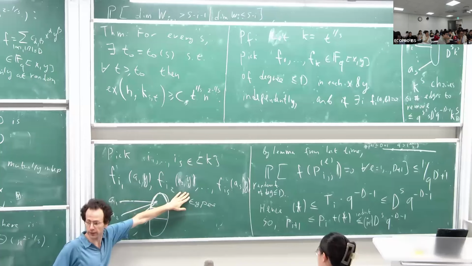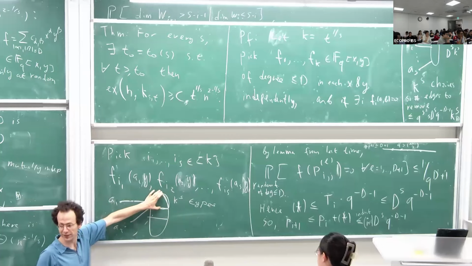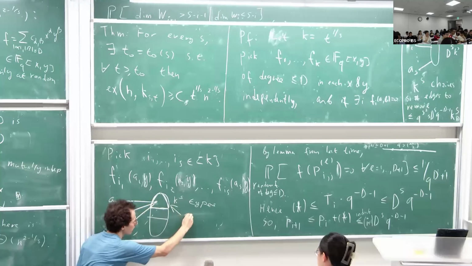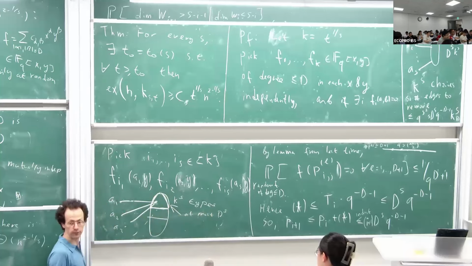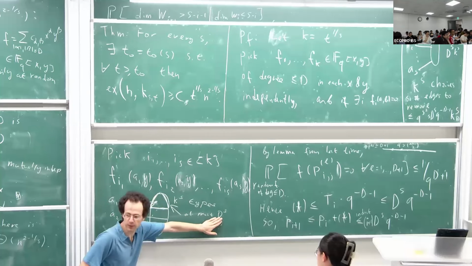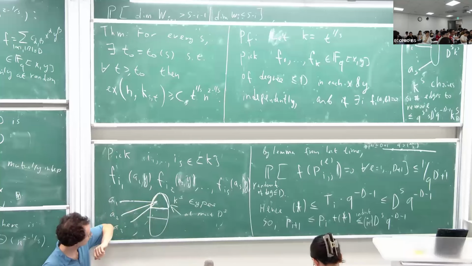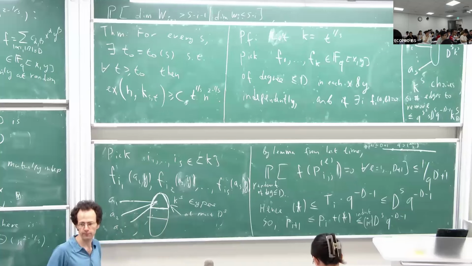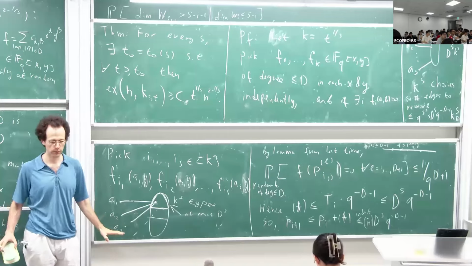Again, this is still independent, and so the same argument as before tells me that this is at most D to the power S. So the total size of the neighborhood is at most D to the S times K to the S. This is just a constant depending on S, so it's not mattering for what we're doing now, and that's all. Good. All right.